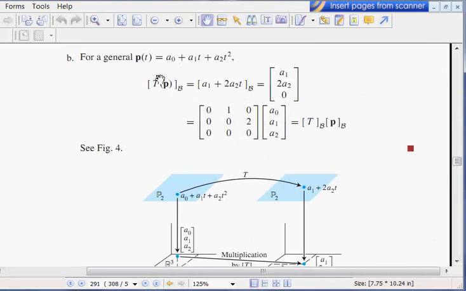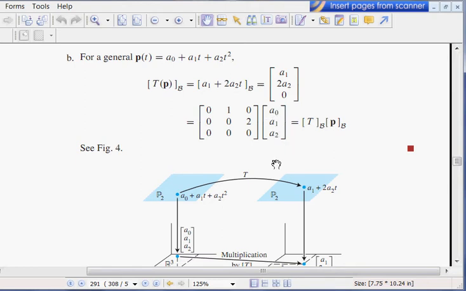Okay, so they give you a general p of t function right here. Once you do a transformation T of p, since the basis from the original to the transformation is the same, you get this result right here, and this result is equal to the matrix that you found in the last part, the T sub B matrix, times the original coordinates.